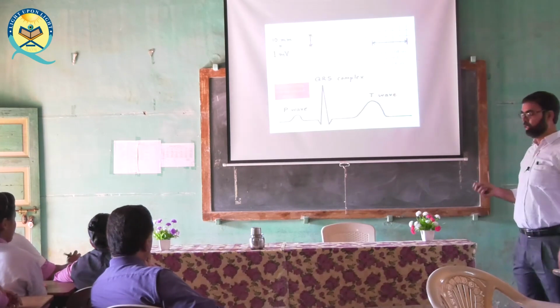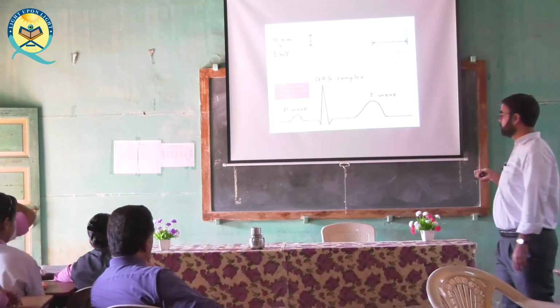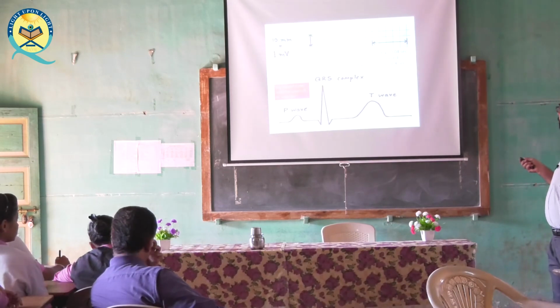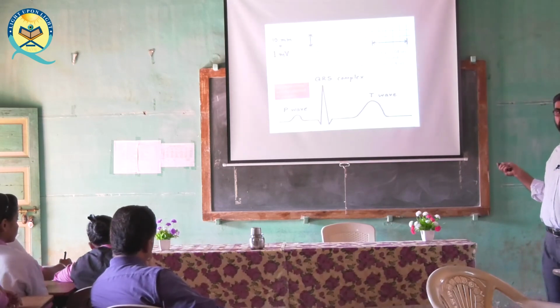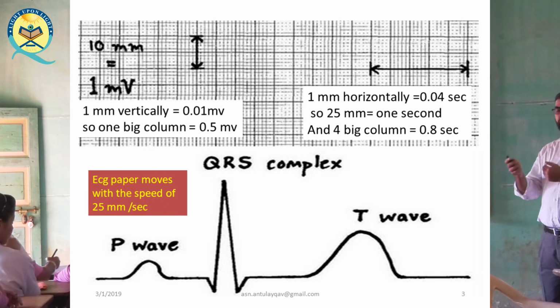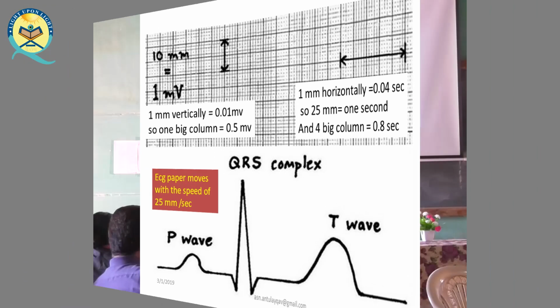So there are waves in ECG. What are these waves? P wave, Q wave, R wave, S wave, T wave, U wave. Positive waves are those which go above the isoelectric line. The line which differentiates between negative and positive waves is called the isoelectric line.